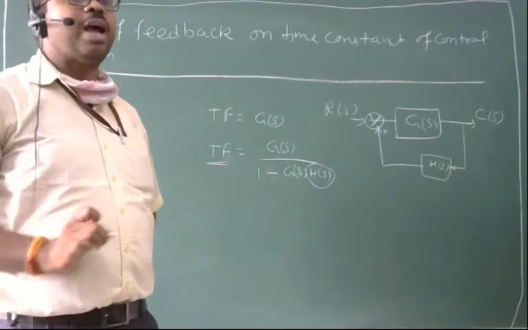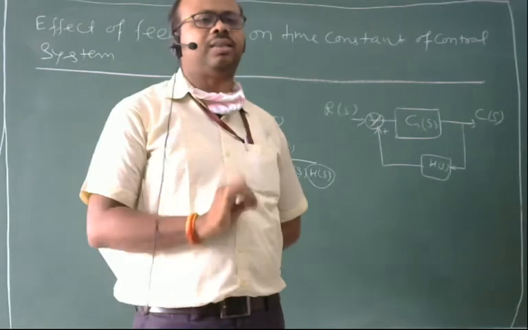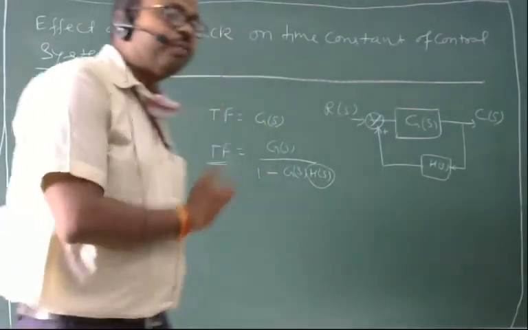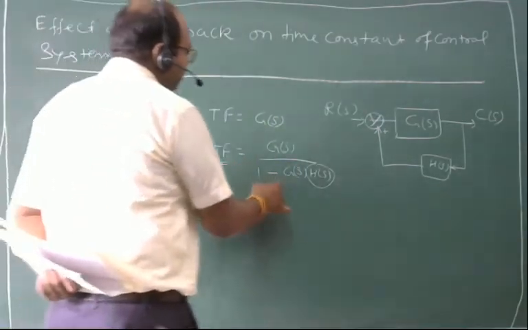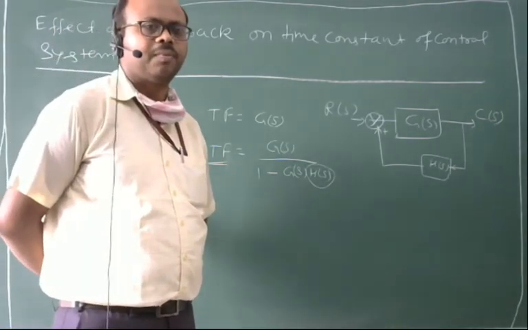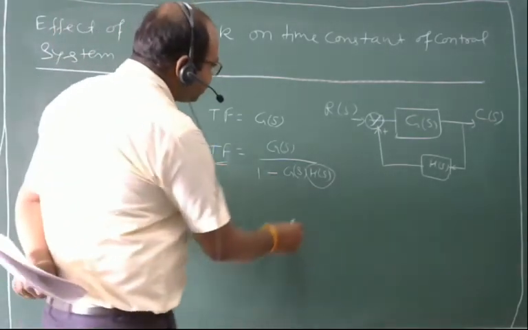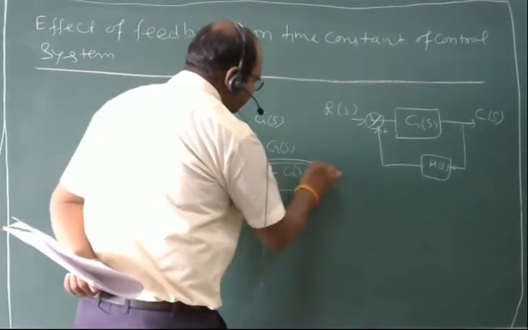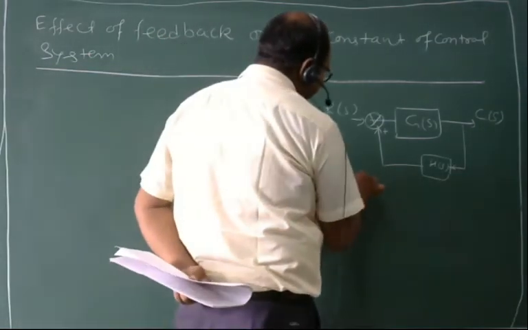It means if I give positive feedback in the system, the transfer function will become G(s) over 1 minus G(s)H(s), and obviously this denominator term is less than 1.